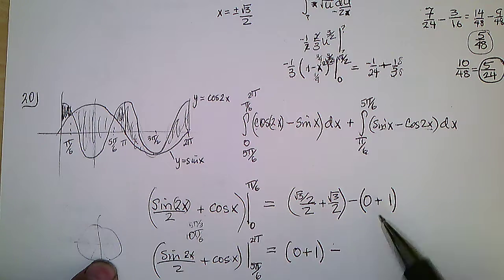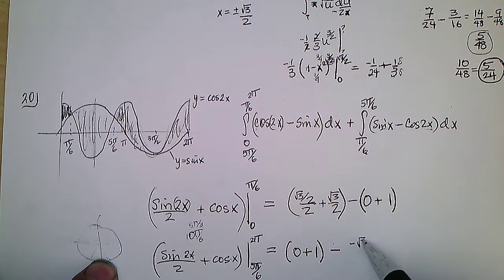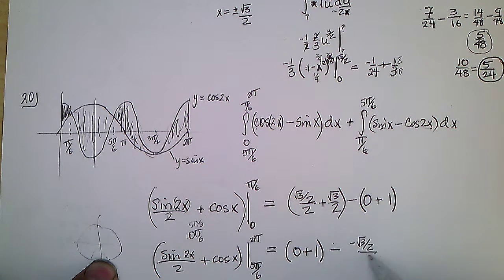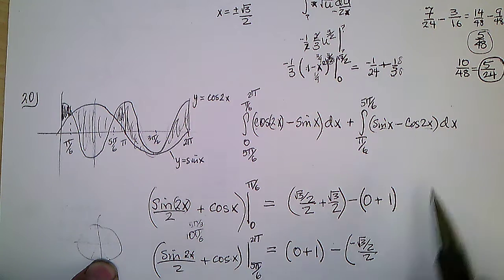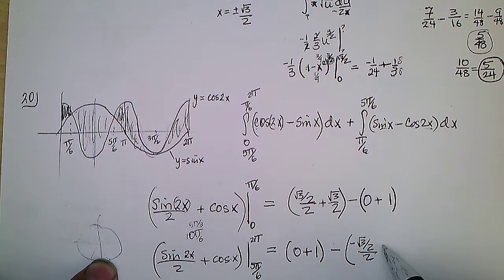The sine is negative square root of 3 over 2 over 2. And the cosine there is 1/2 plus 1/2.